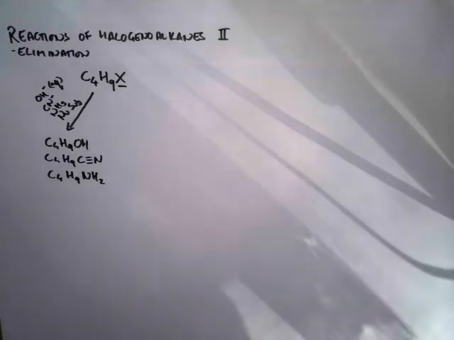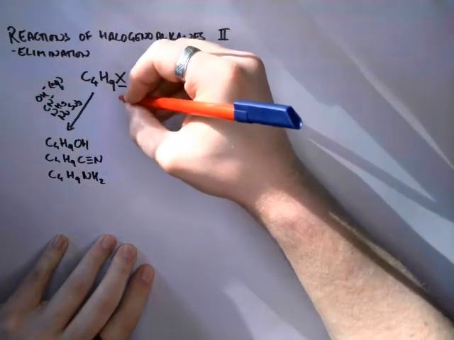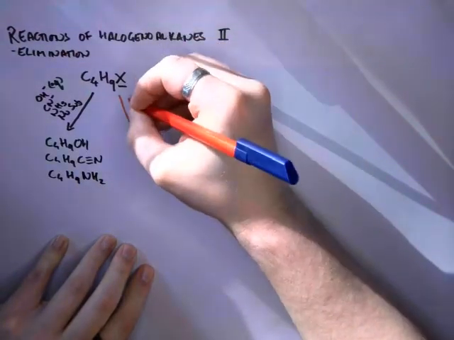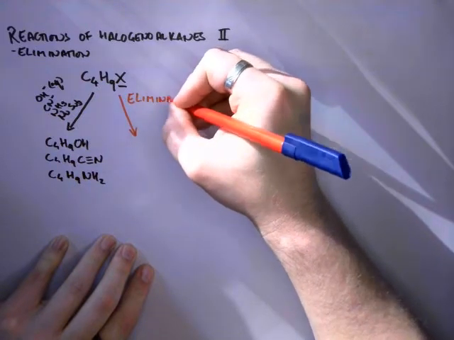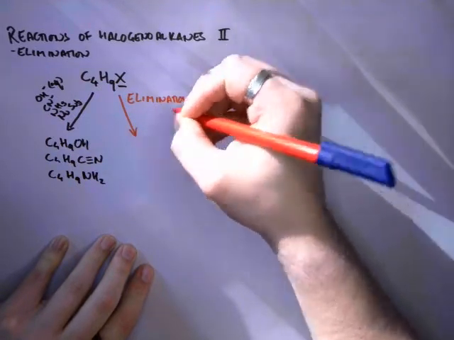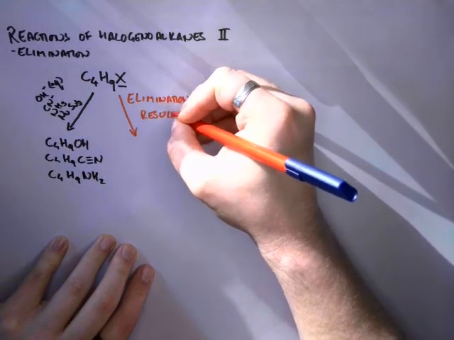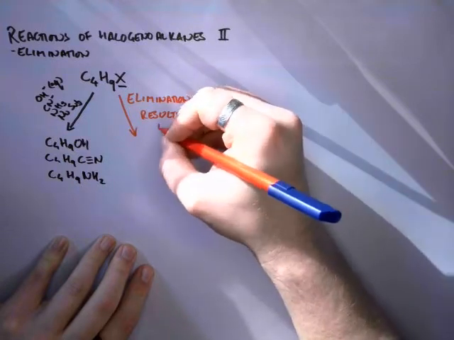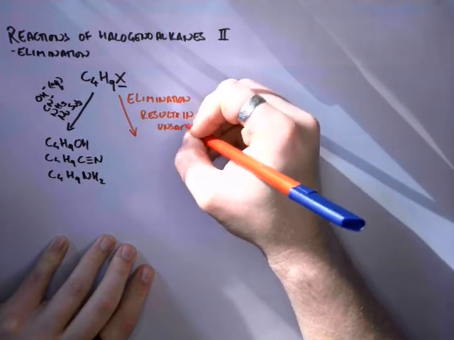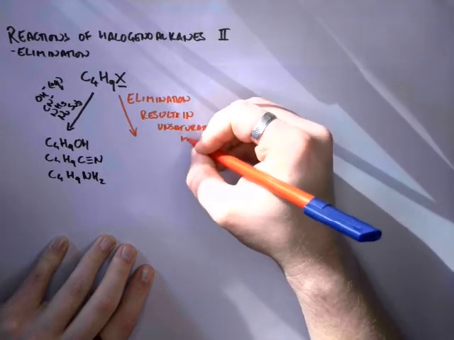As I said, today we're going to be looking at something slightly different. This is going to be our elimination, and this is going to result in an unsaturated molecule.